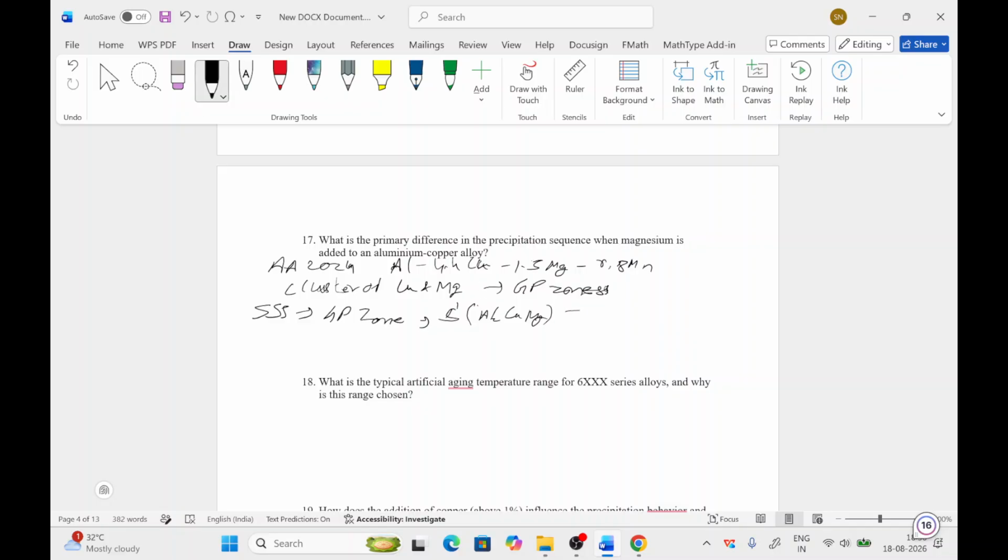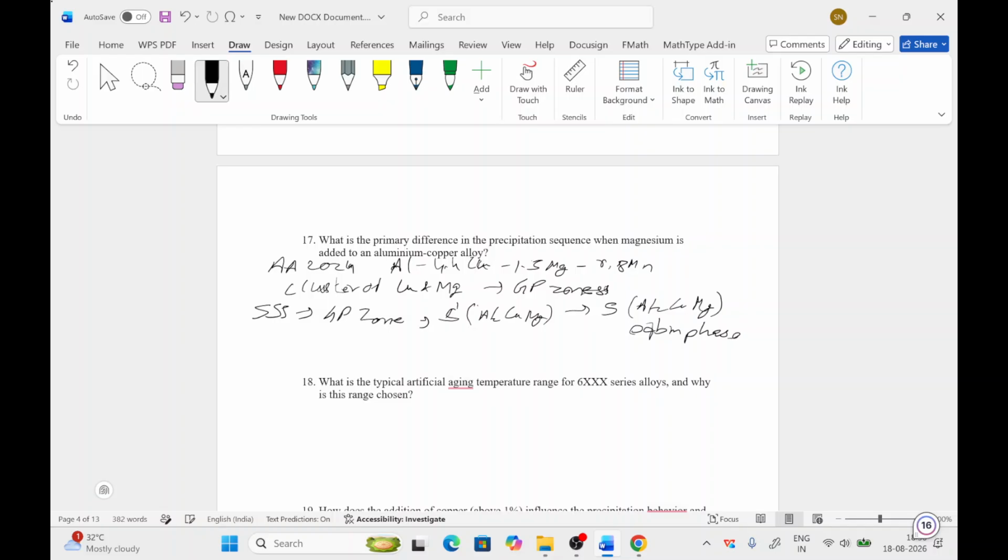Then with further growth, the S equilibrium phase of precipitate forms, which is also Al2CuMg, and this is the equilibrium phase.